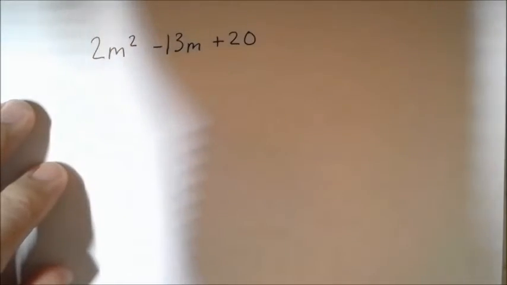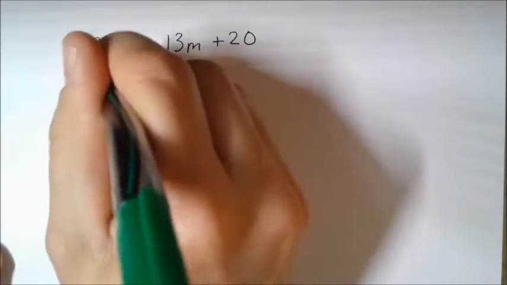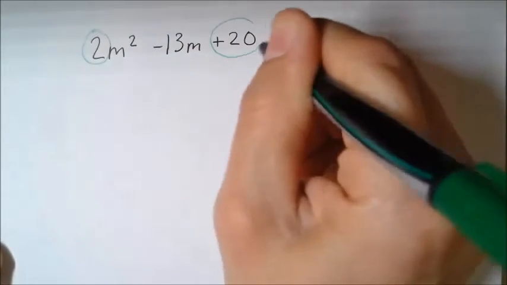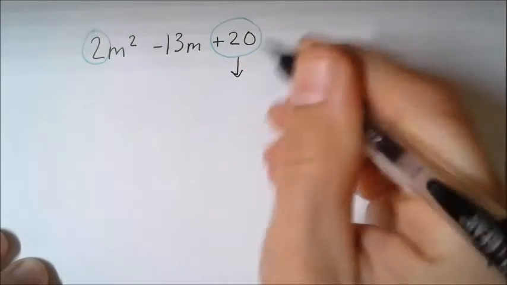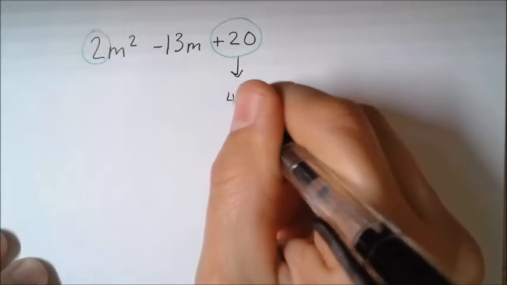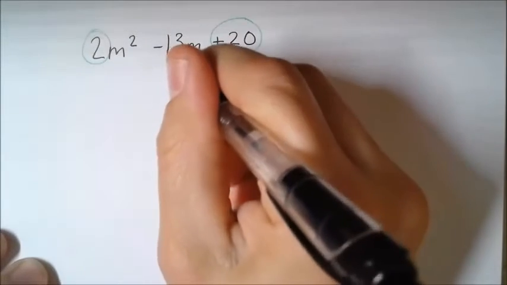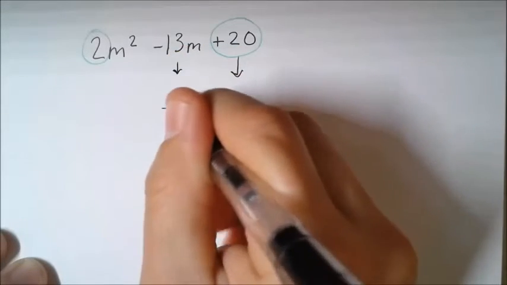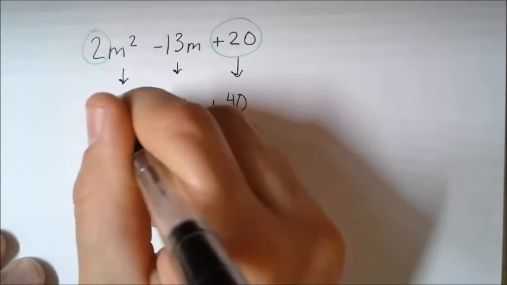So let's start with this value. I'm going to take my 2 and multiply that to positive 20, and 2 times 20 is going to give me 40. I'm going to bring down my negative 13m, and bring down my m squared.